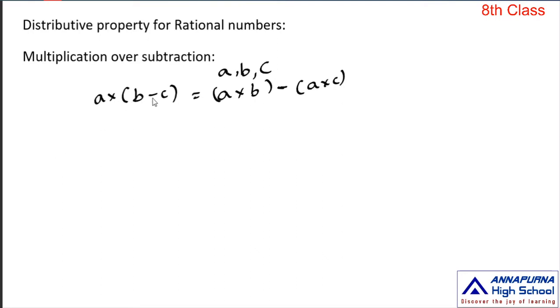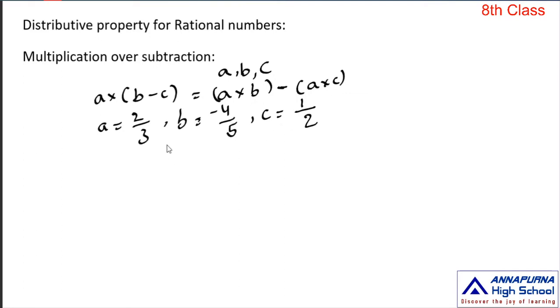a into b minus c is equal to a into b minus a into c. Let us verify the collection of rational numbers satisfies this condition or this relation. So for doing that verification, here I choose three rational numbers. a is equal to 2 by 3, b is equal to minus 4 by 5, and c is equal to 1 by 2.